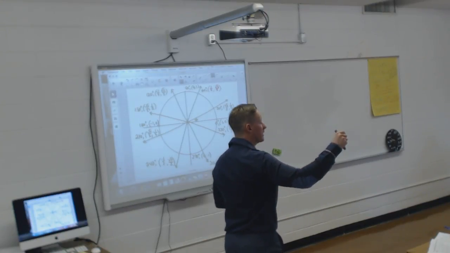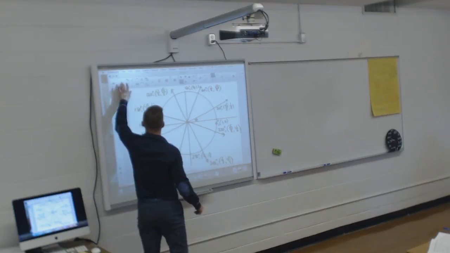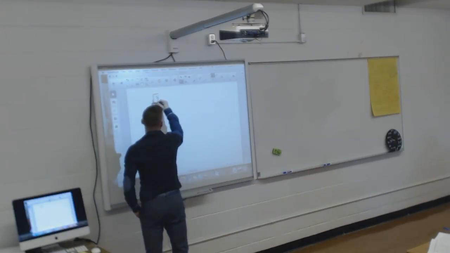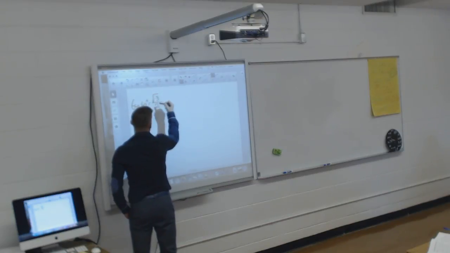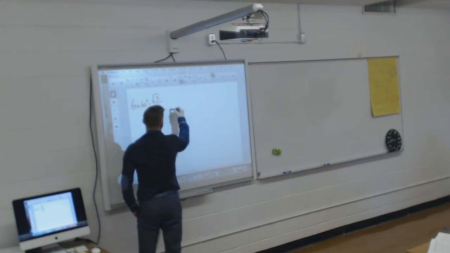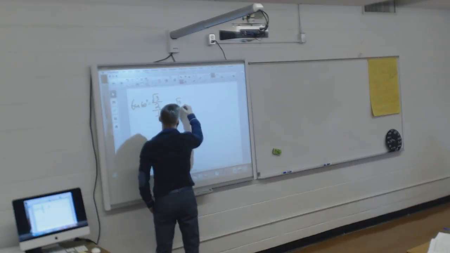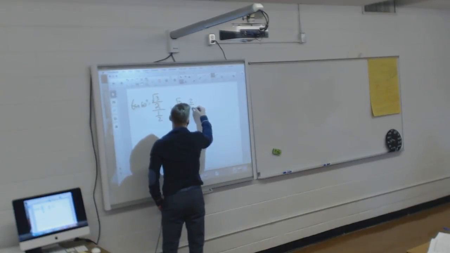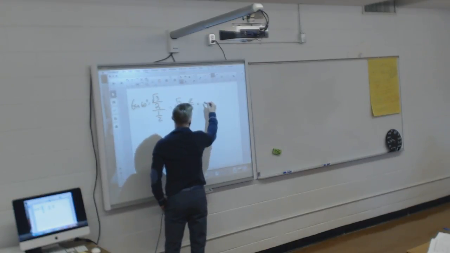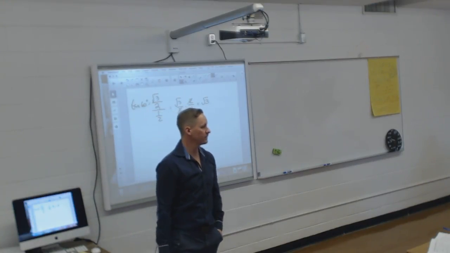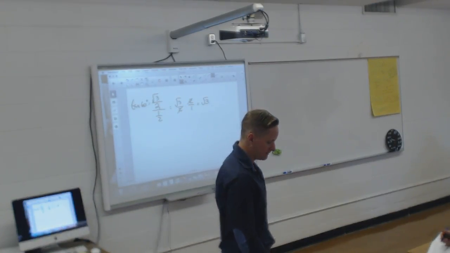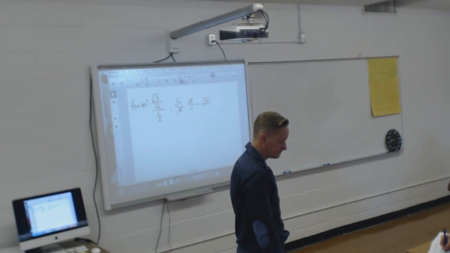So I need to take root 3 over 2 over 1 over 2. So this is my tan of 60. Root 3 over 2 over a half. What's the tan of 60? Square root 3. Write that down.